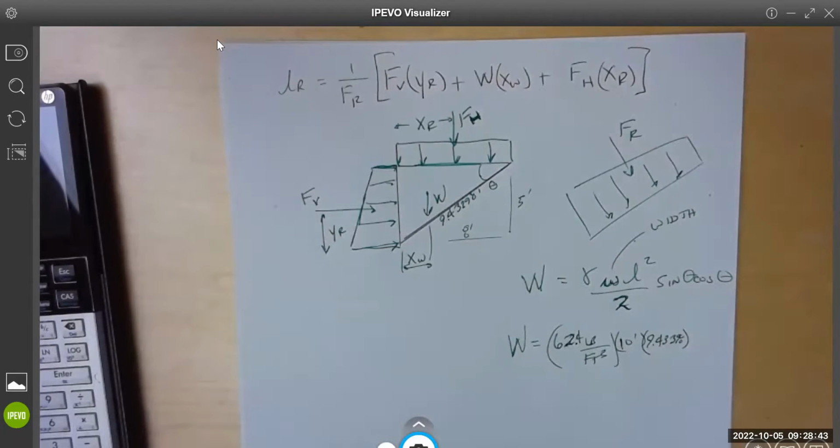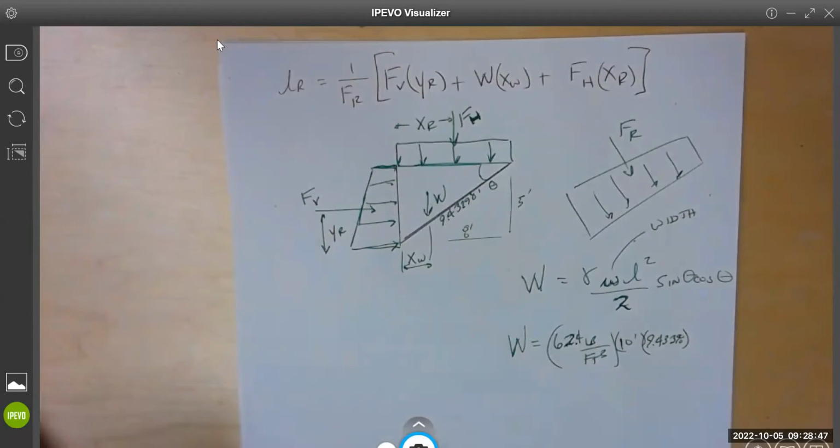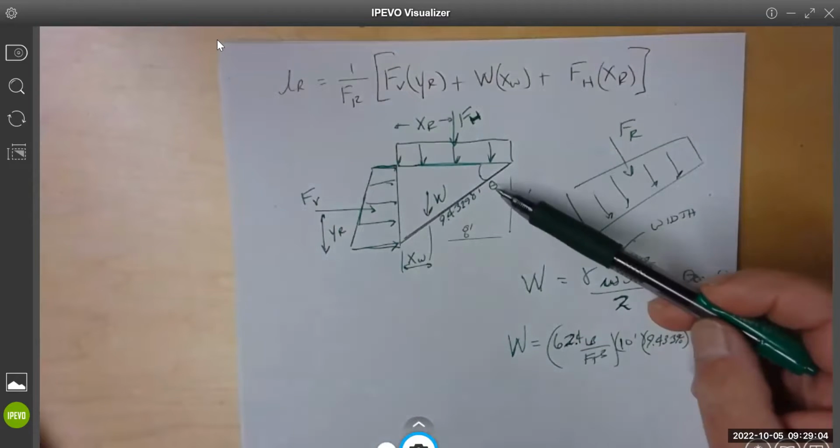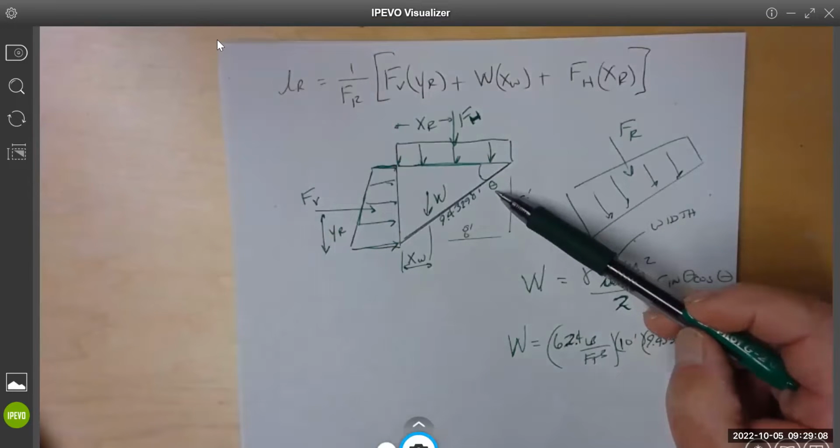And then we need the angle theta. 57.9946. So I just did opposite over adjacent and used arctangent.